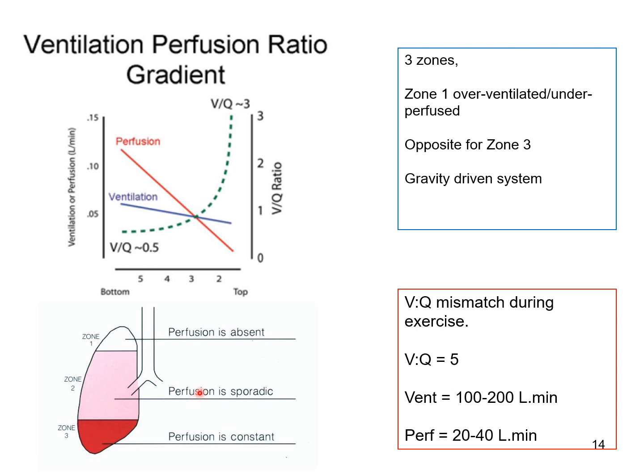Zone 2, perfusion is sporadic, and in zone 3, perfusion is consistent. And that's because it's a gravity-fed system. It relies on gravity. So if we look at this graph here, we look at VQ, and it works backwards. So this side is the bottom of the lung, this side is the top of the lung.